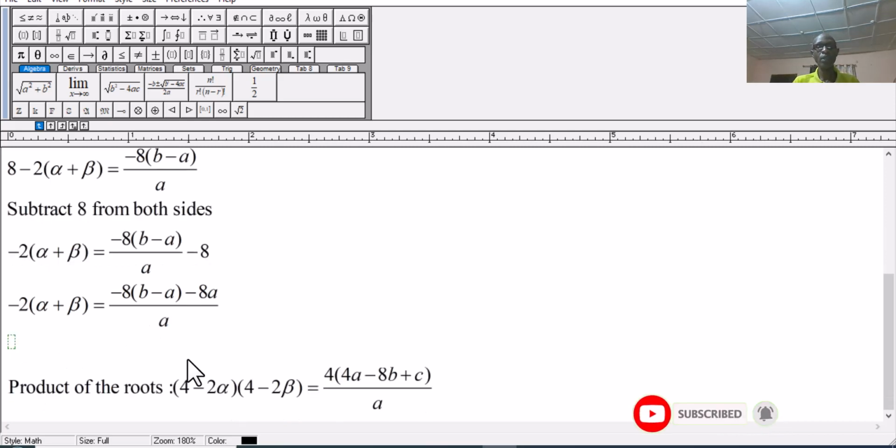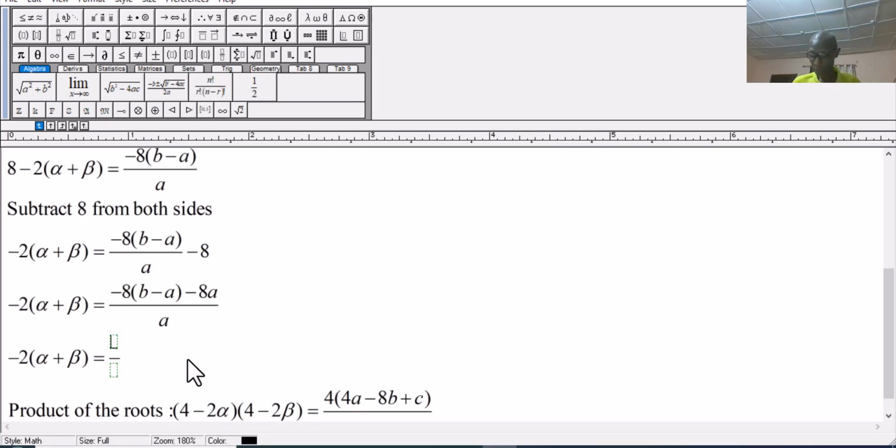Now we are almost through. So I can factorize this side: minus 2 into alpha plus beta equals minus 8 times (b minus a plus a), sorry for that, all over a.